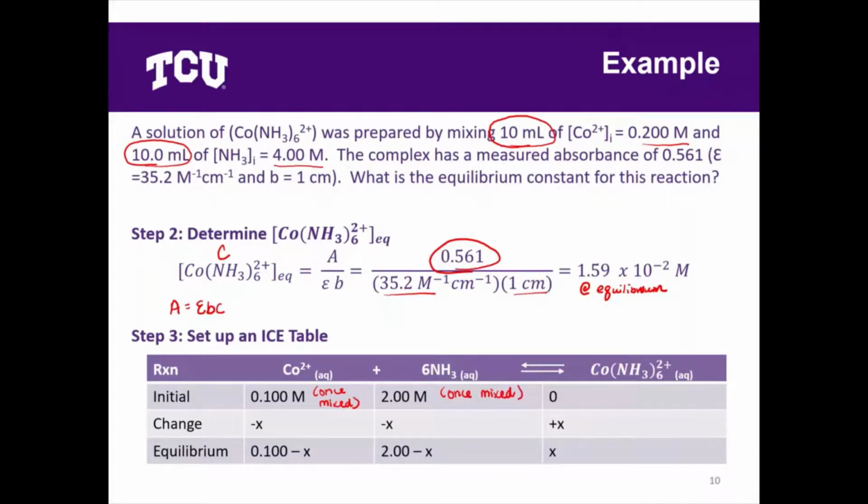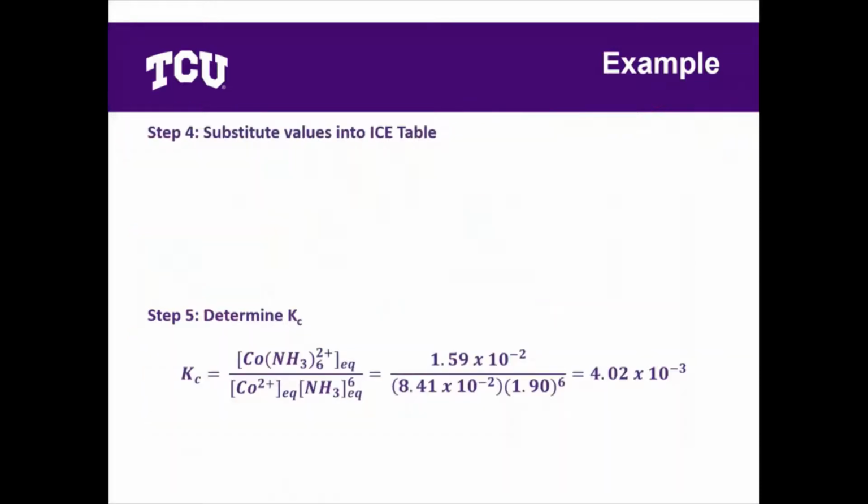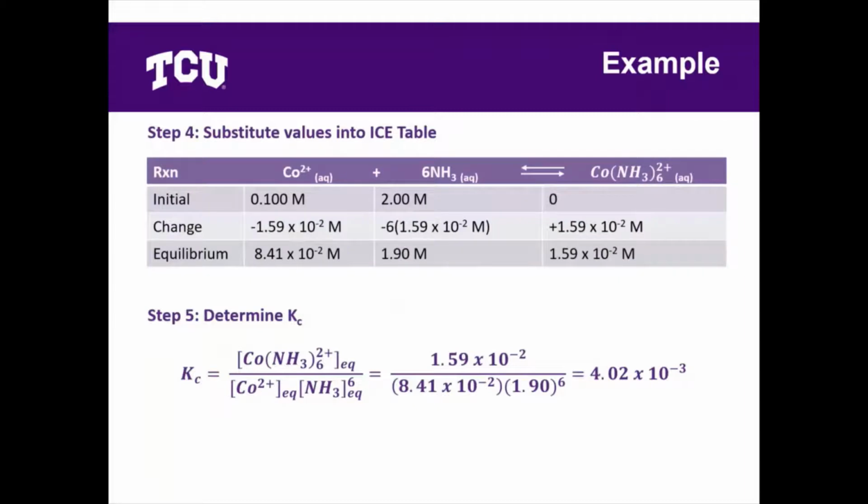Our change is minus x, minus 6x, and plus x, and at equilibrium, we will have 0.1 molar minus x, 2 molar minus 6x, and x for our cobalt ammonia complex. Substitute the values you just calculated into your ICE table. Again, we found these from M1V1 equals M2V2. Same for this.